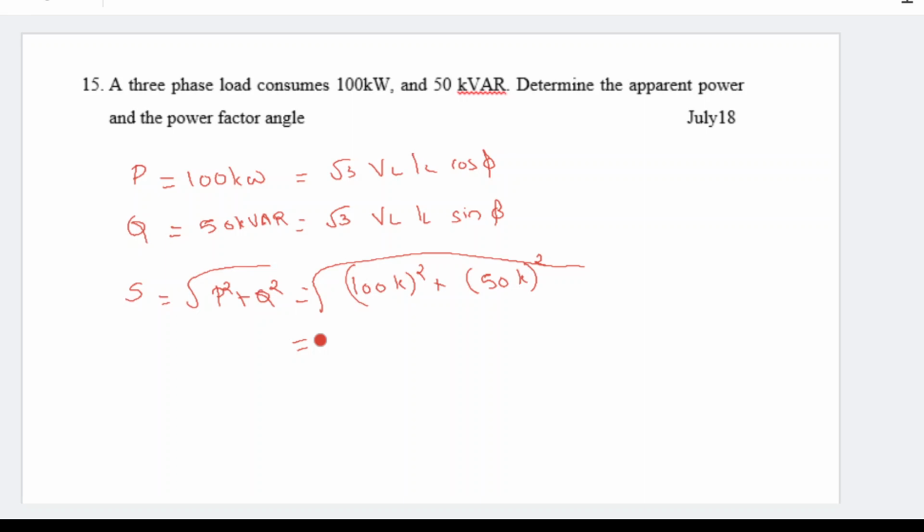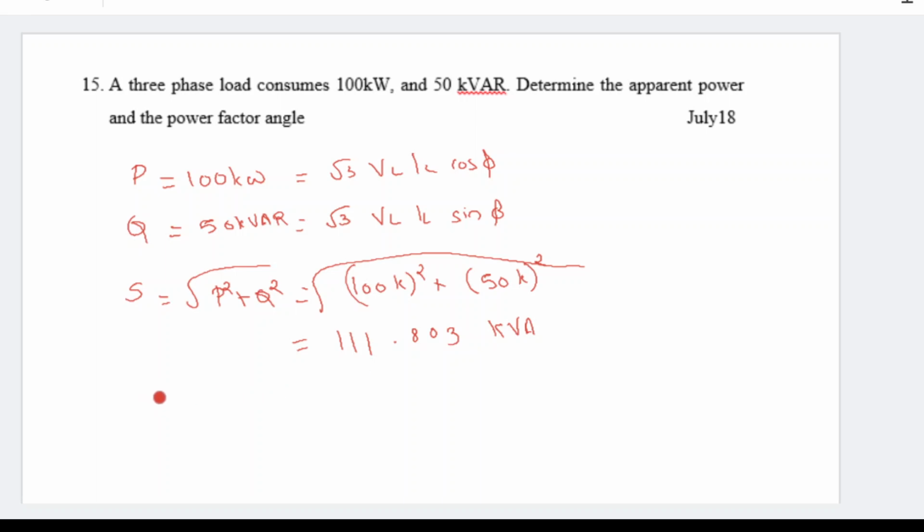I think it is better to give a bracket. So that is equal to what I got as 111.803 kVA. Then that will be 111.803 kVA.